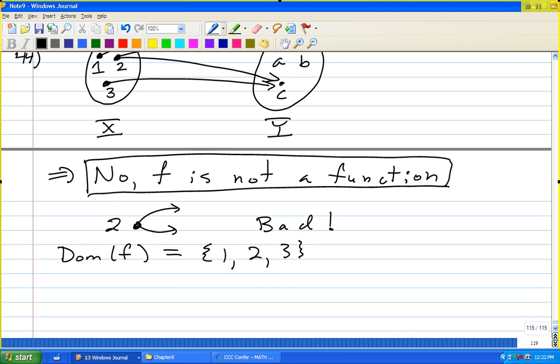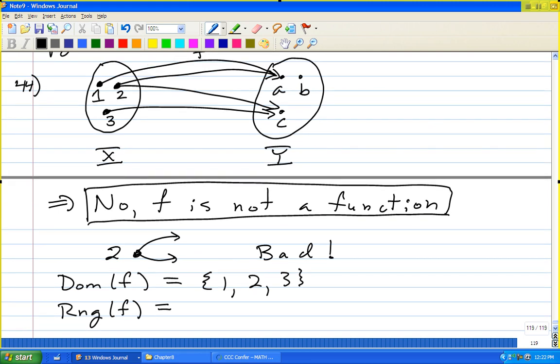Let's figure out the range. And so the range is, well, A and C came from some input. And so A and C are the images of some input. And so the range is A, C.